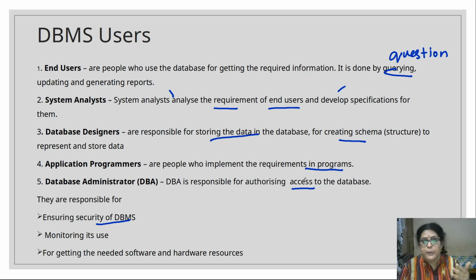I'm sure you have used Microsoft Teams or any such app, wherein you are given a login ID and a password, or in your Gmail, for example. Why is all this given? Because you need to authorize the access, like who is going to use this particular DBMS. So he ensures the security of the DBMS, monitors its use, and arranges the needed software and hardware resources.